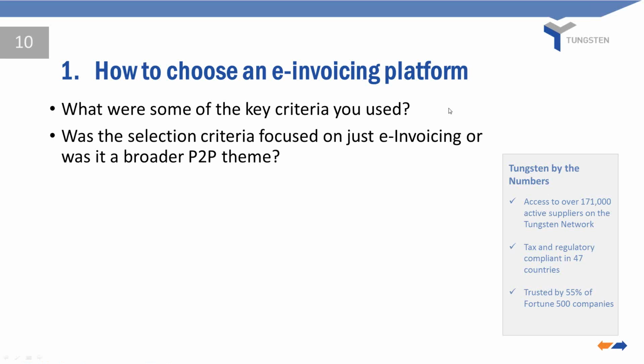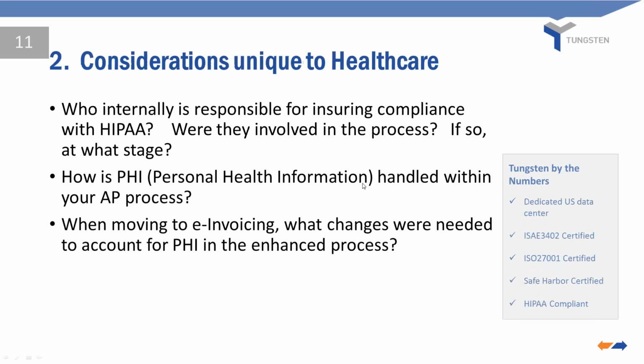As we get into the second topic, we can talk about HIPAA compliance, and where within your process, if you think about the invoice-to-pay cycle, suppliers today can provide all kinds of information on invoices, and with HIPAA regulations being about personal health information and protecting that, let's talk a little bit about your experiences and how you handle PHI.